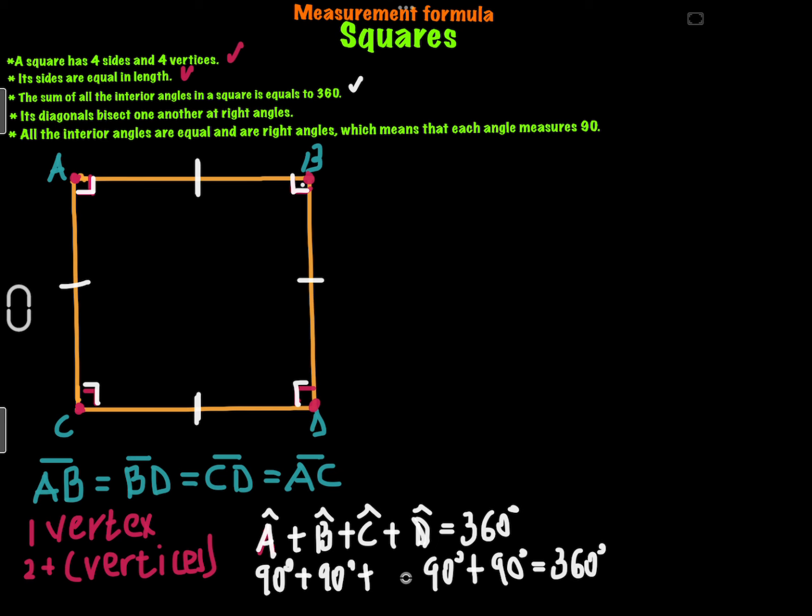And the fourth property is that its diagonals bisect one another at right angles. In other words, when you look at this diagonal, which now becomes line segment AD, and line segment BC, they bisect and form a 90-degree angle.